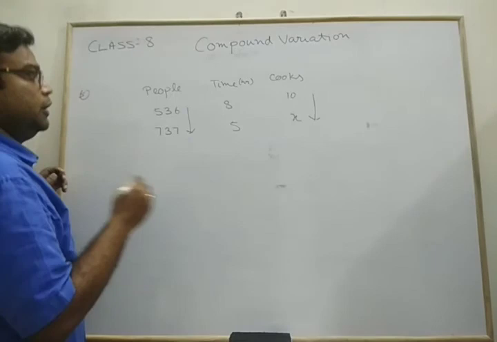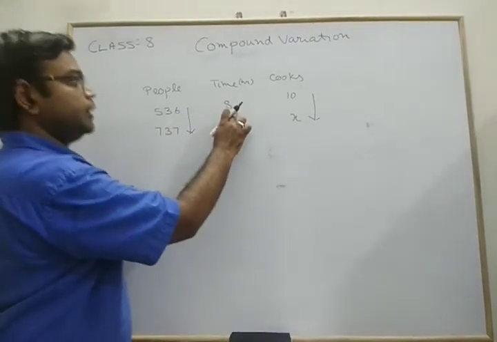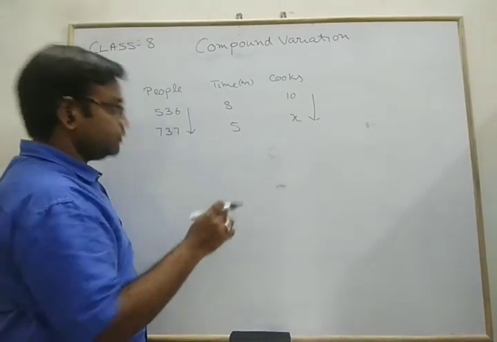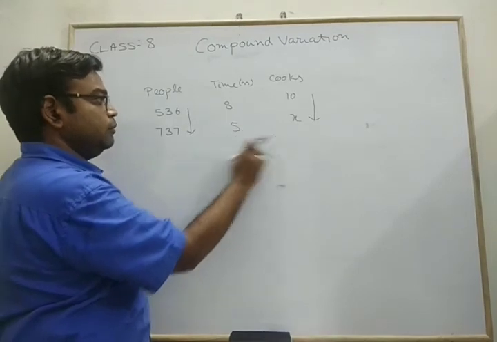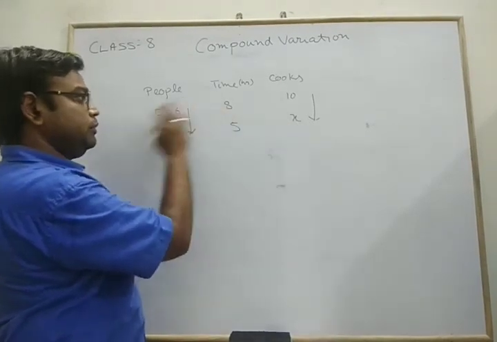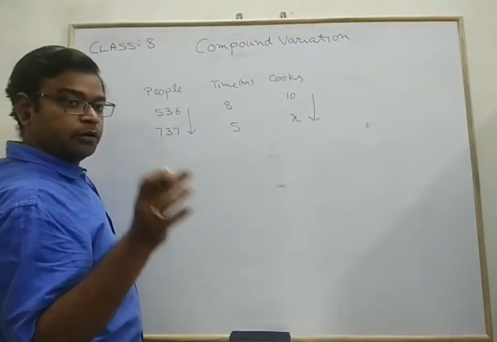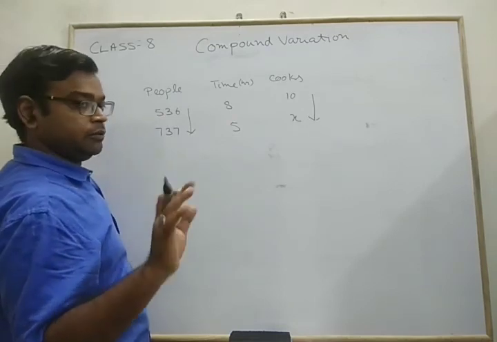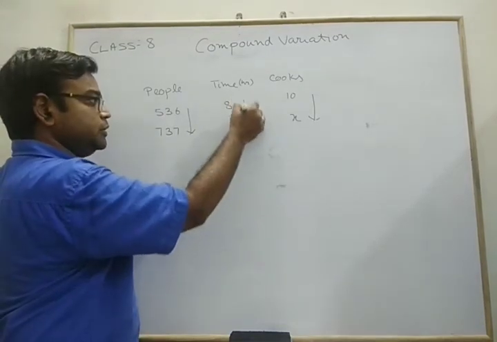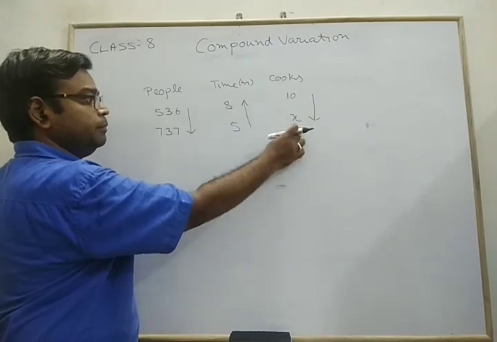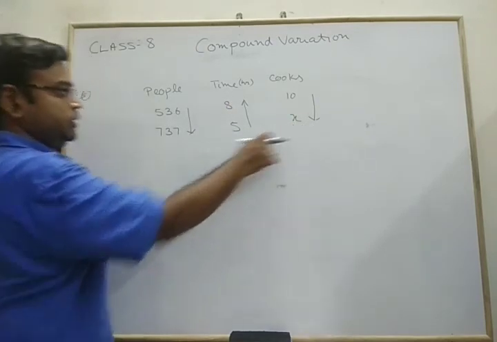Keep people constant. If working for 8 hours, 10 cooks required. Working fewer hours, more cooks are required to prepare food for a constant number of persons. So in this case, it's an inverse variation.